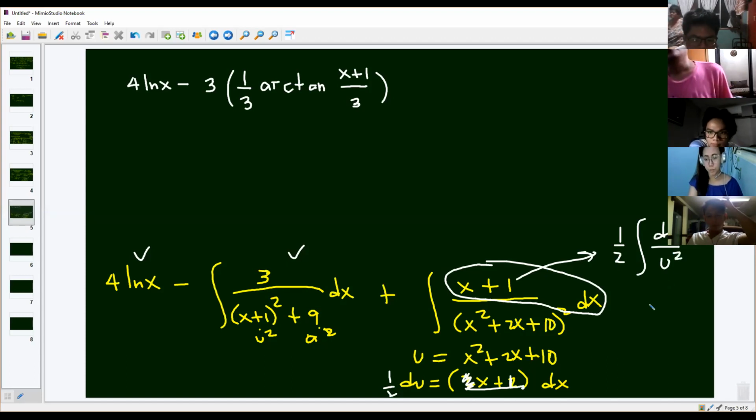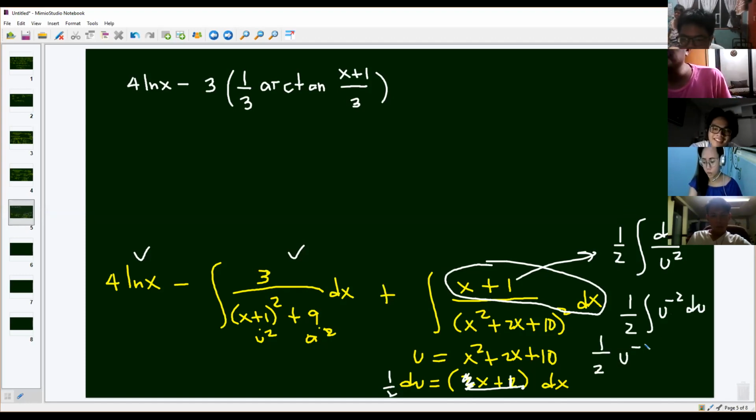Now, some people still made a mistake at this stage. At this last step, some made a mistake because you have here the integral of u to the negative 2 du. You add 1 to the exponent, and you divide by negative 2 plus 1, or negative 1. So that's why this becomes a minus.